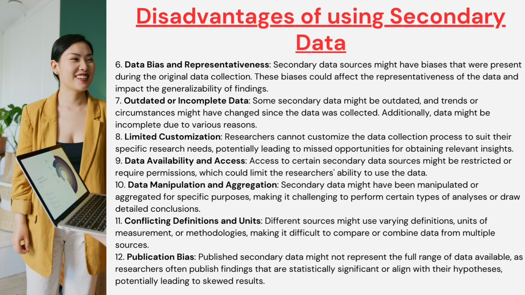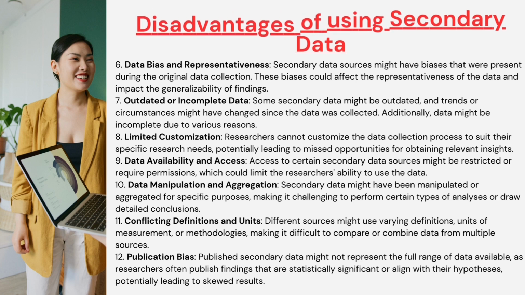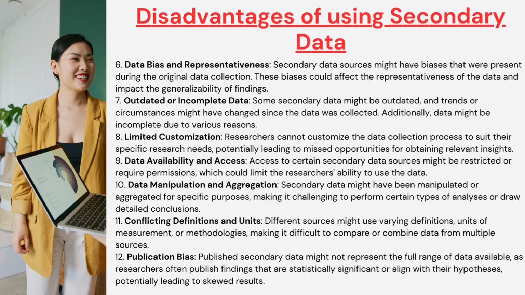Additionally, data might be incomplete due to various reasons. Limited customization. Researchers cannot customize the data collection process to suit their specific research needs, potentially leading to missed opportunities for obtaining relevant insights.